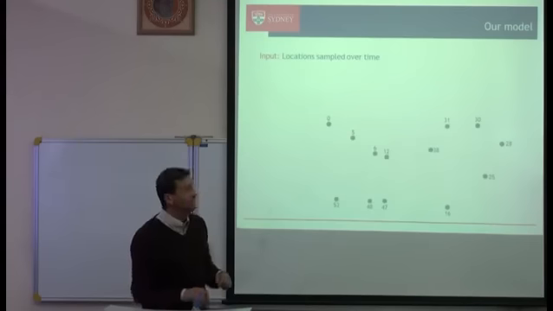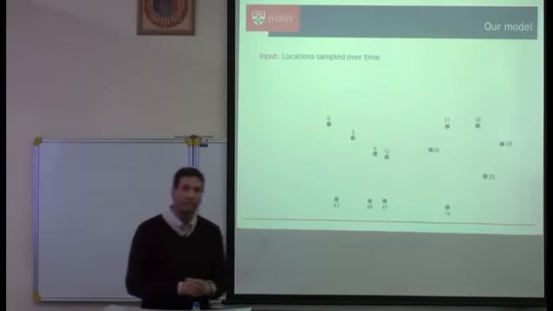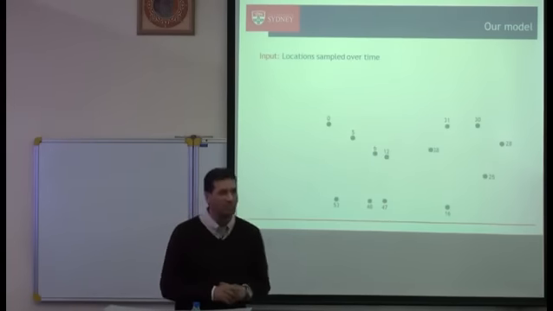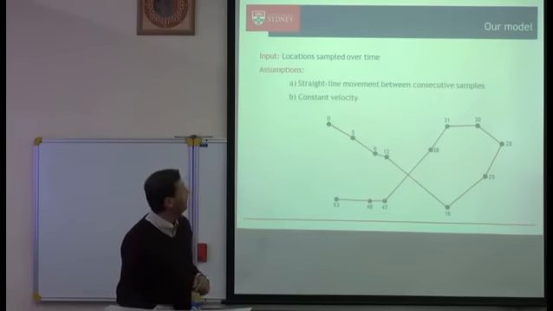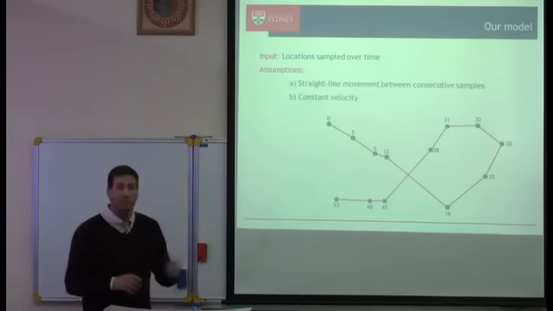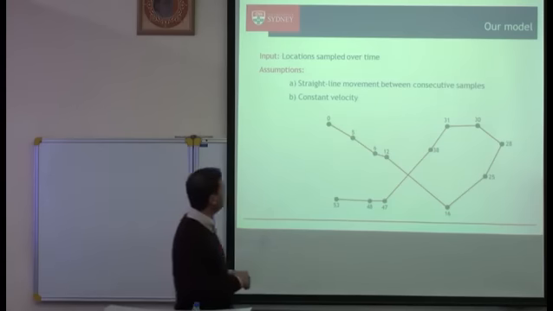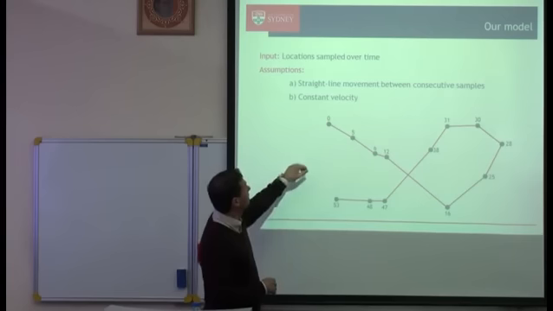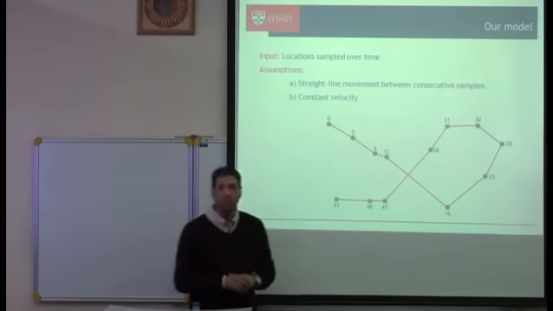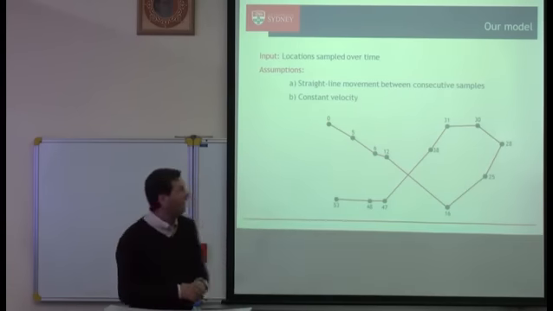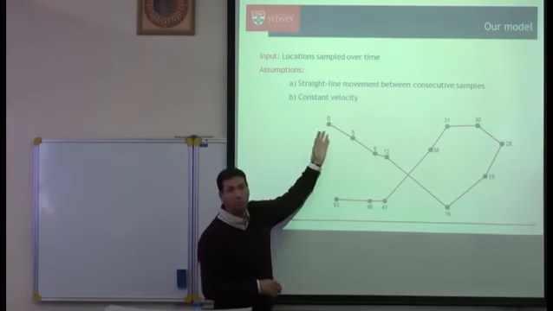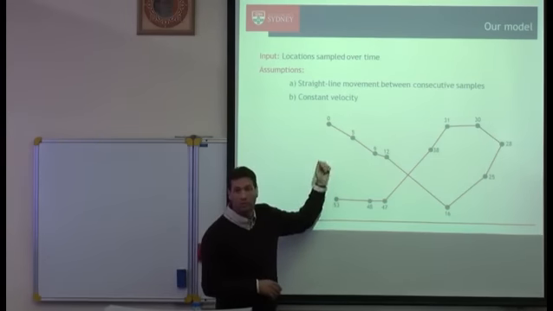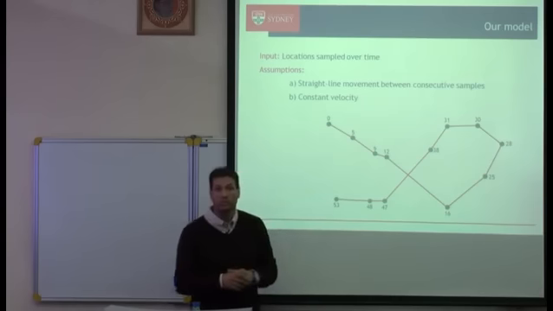Okay, so this is the model we're going to use for the rest of the workshop or winter school. The locations are sampled over time, and we're going to assume that between every sample we move in a straight line, and that the entity moving between these samples moves with constant velocity.